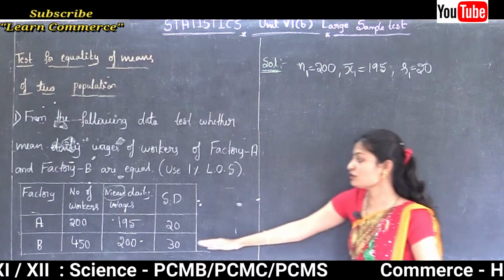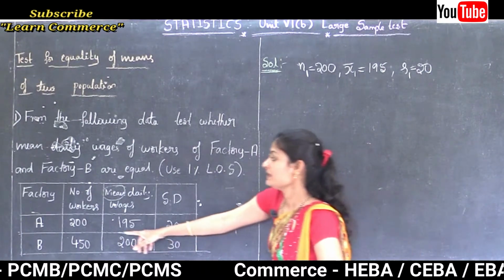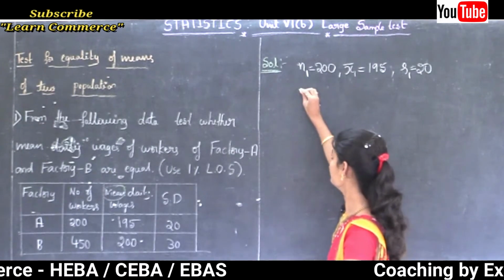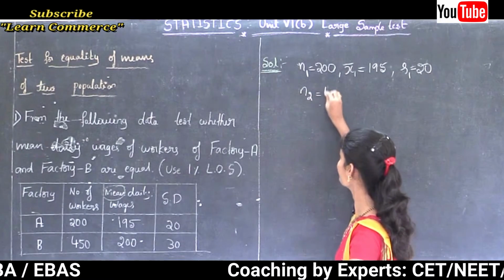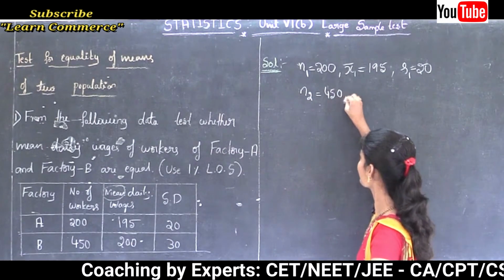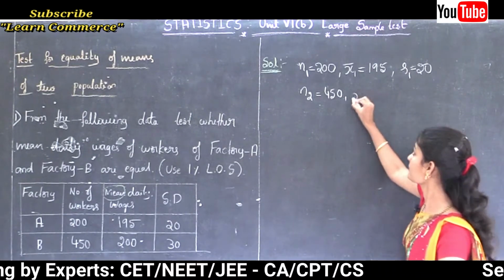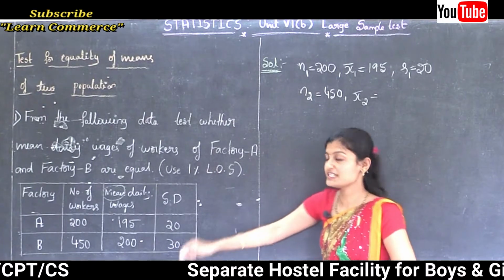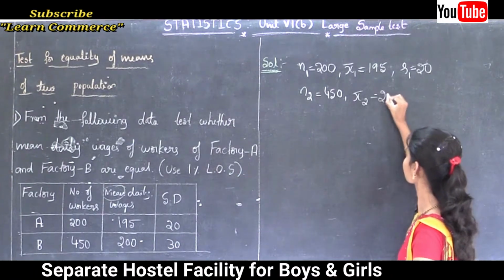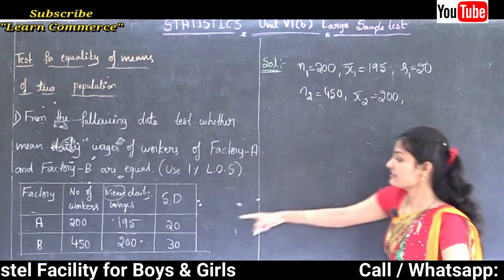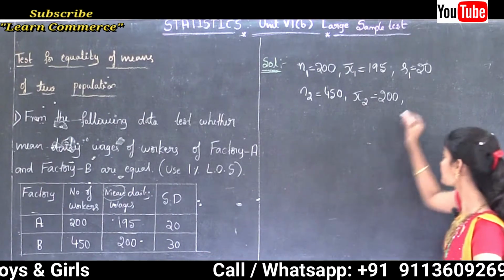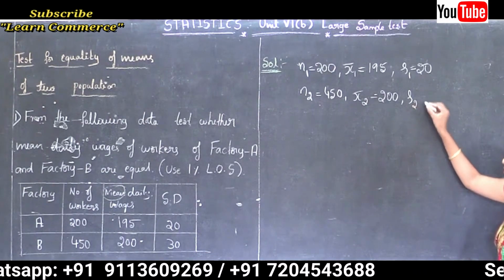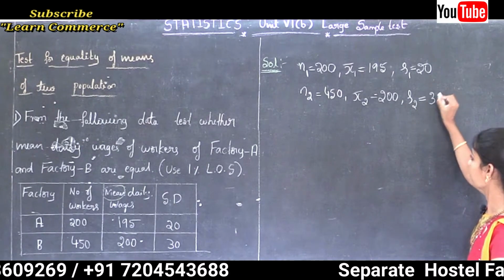In the second set of observations, in factory B, the number of workers is 450, that is n2 is equal to 450. Then x bar 2 is the mean daily wages, that is 200, and the standard deviation, small letter s, for this second set I will write s2, and it is equal to 30.